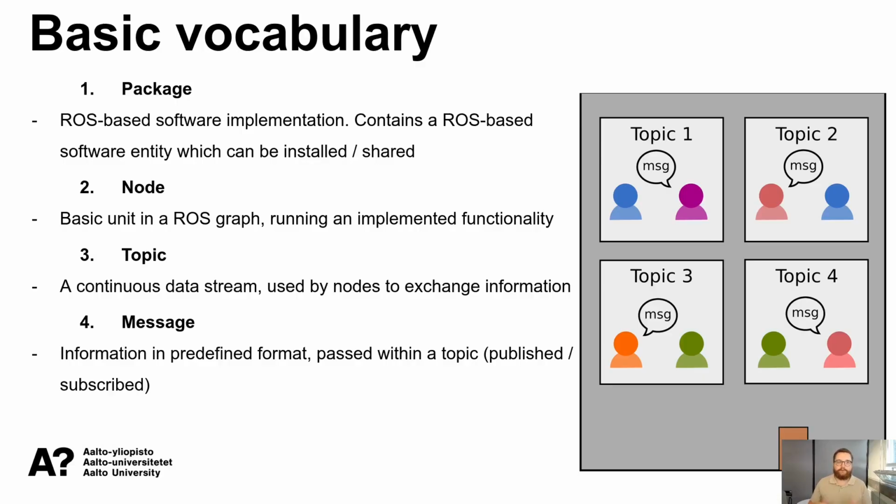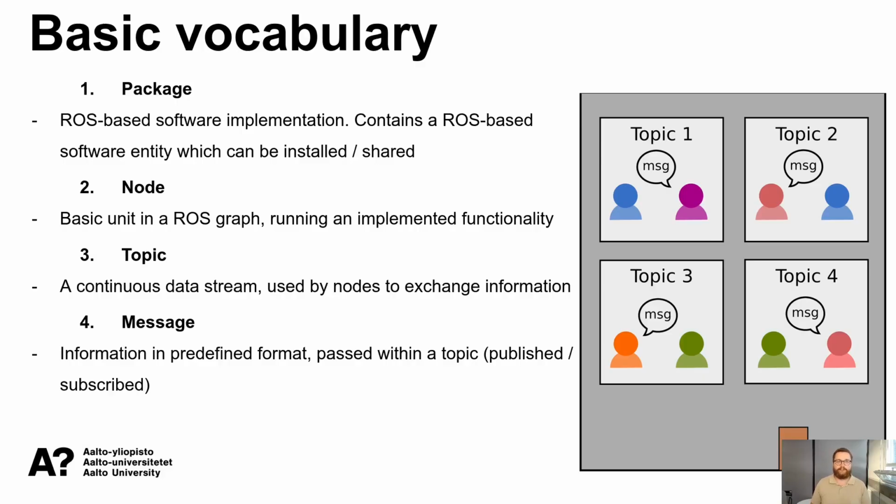It contains a ROS-based software entity that can be shared with others or installed on a machine. So basically a single unit of software prepared for ROS. In the illustration on the right, this entire building could be a single ROS package containing all the implemented functionalities.